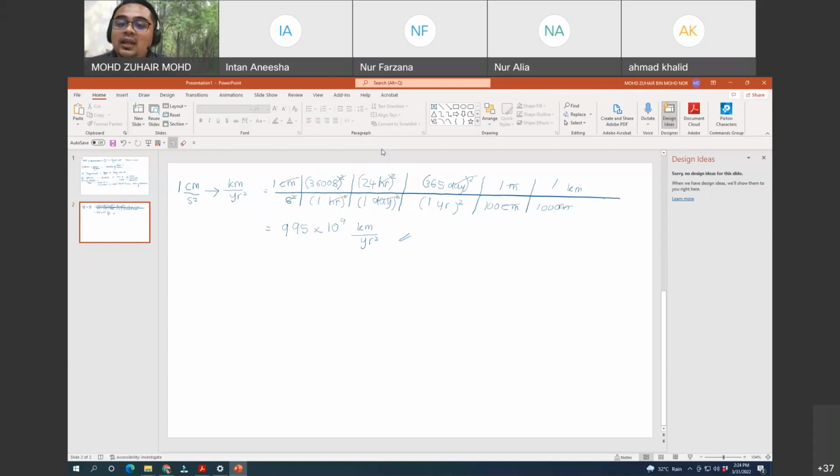And then after that, you do the cancellation like this so that at the end you only get the unit that we want. For instance, after we do all the cancellation here, we got the unit of km and year. This is a practice that you should do every time you do any calculation, not only for this subject, but for other subjects related to calculation.